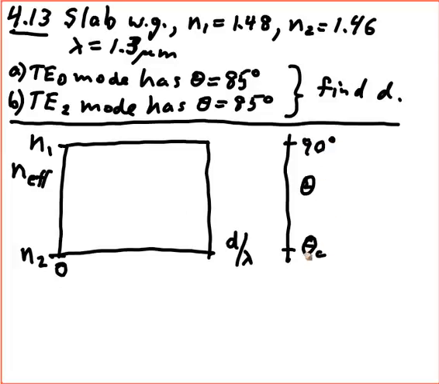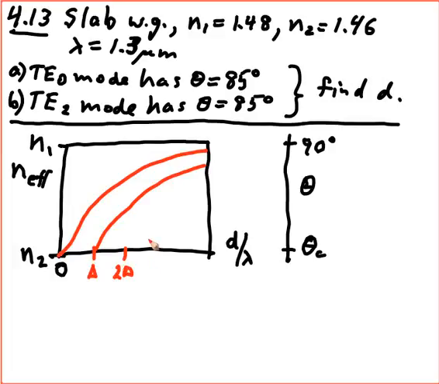Okay? And so the 0th order mode, the m equals 0 mode, has a cutoff at 0, and its curve may look something like this. The m equals 1 mode has a cutoff at some value of delta. The m equals 2 mode has a cutoff at 2 delta.